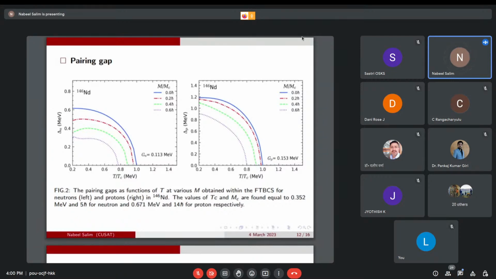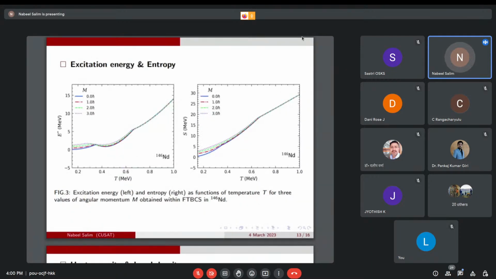Next, the effect of pairing in excitation energy and entropy. As temperature increases, the effect of pairing can be seen in the excitation energy plot and the entropy plot. As pairing vanishes, a phase transition happens in these thermodynamical quantities.